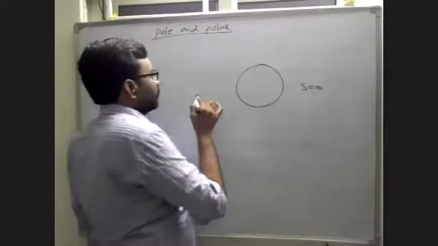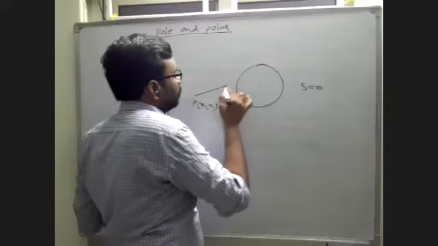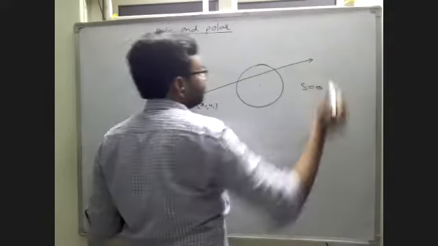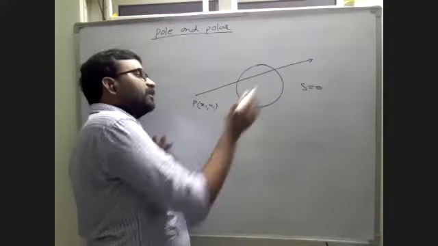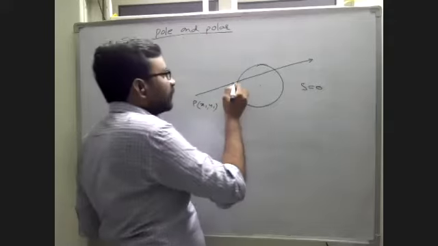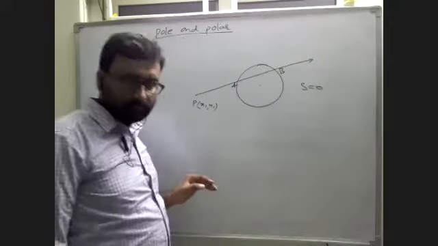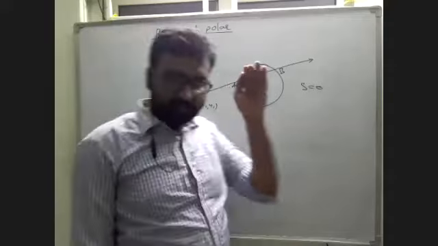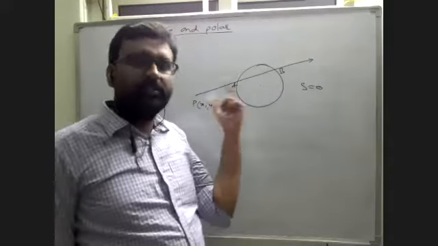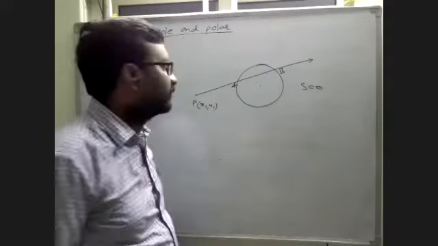Now here very important for polar, secant. This is the secant. This secant is intersecting the circle at what? A and B. The secant which is from P intersecting the circle at A and B.